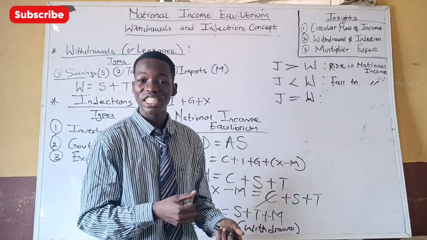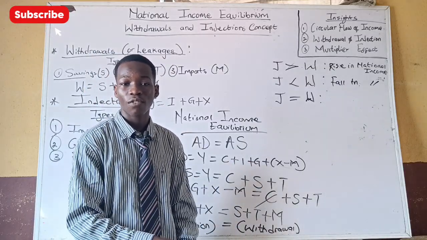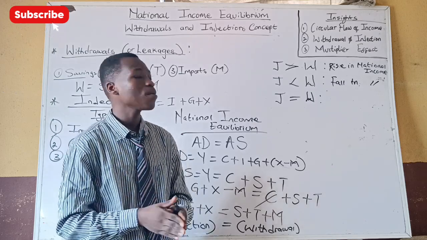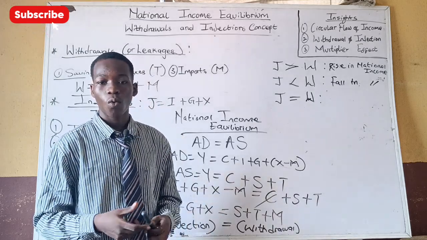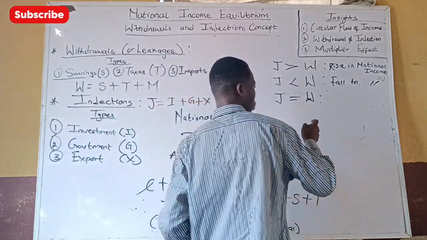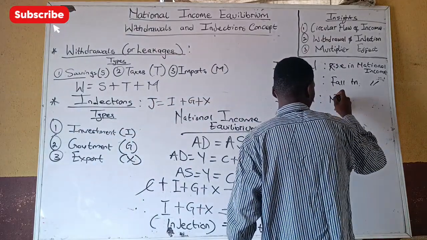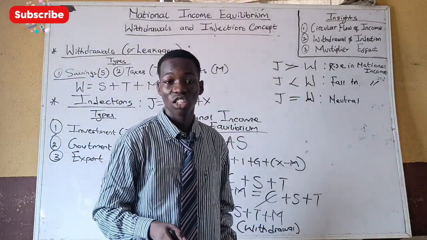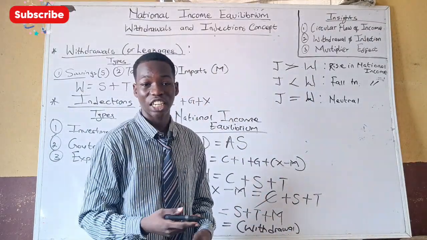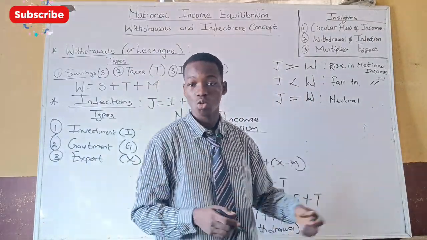Now the last part: when the money injected into the circular flow of income is the same as the money that is withdrawn from the circular flow of income, what will happen? There is just a neutral. There is no rise, there is no fall in national income. It's just neutral.